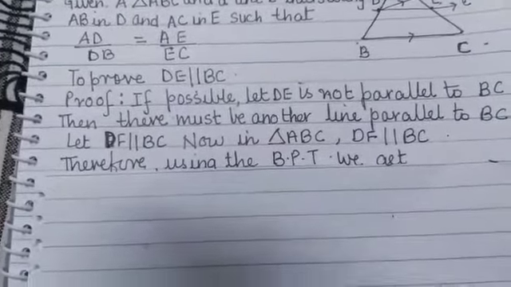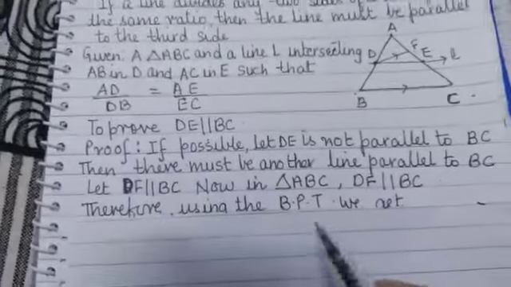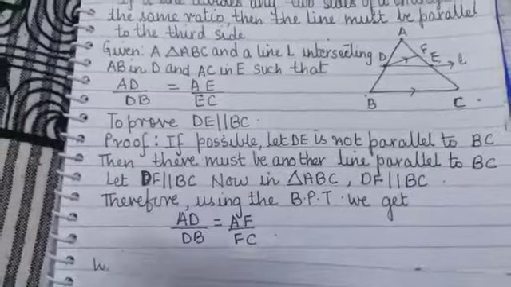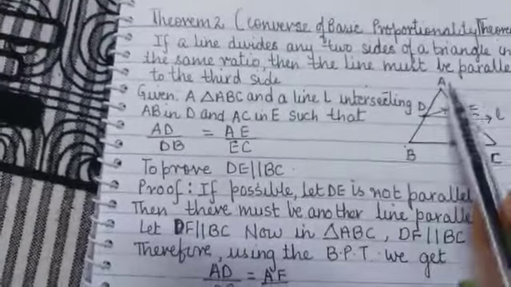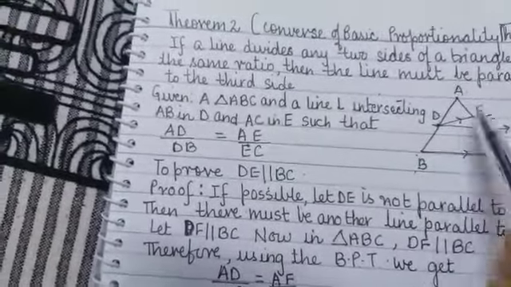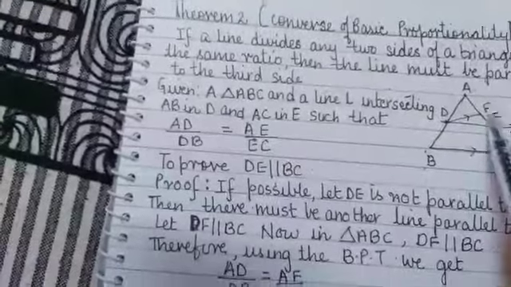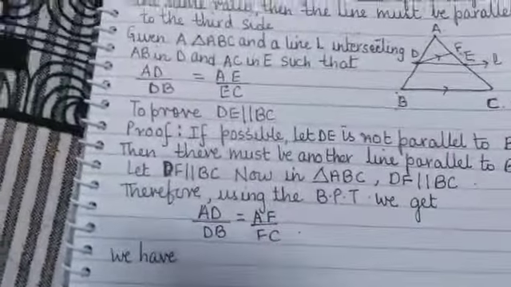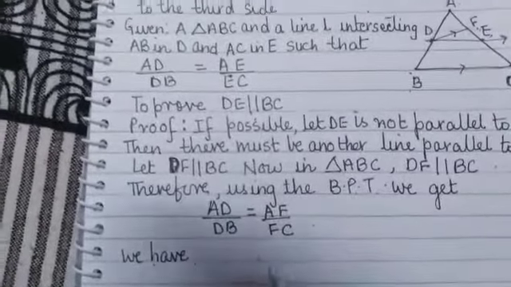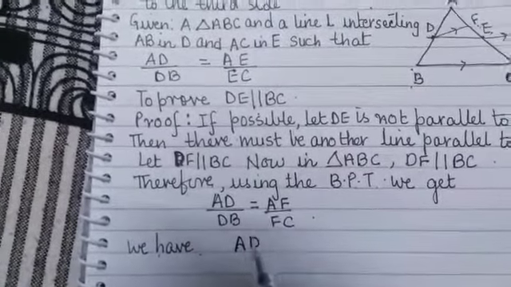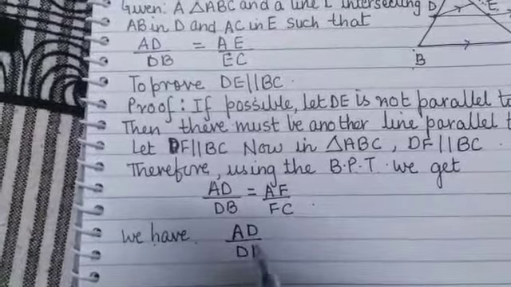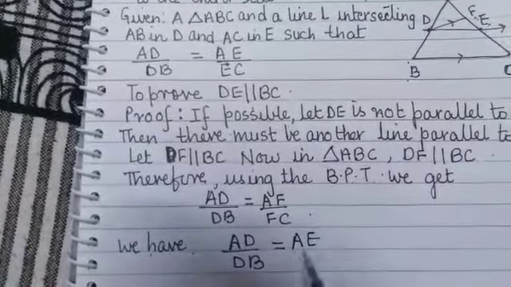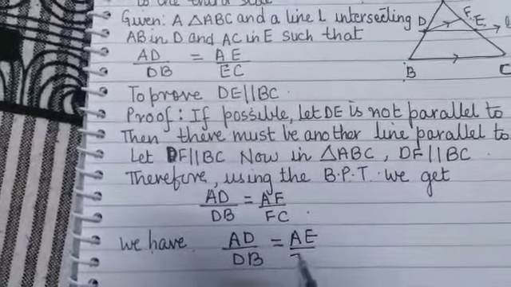Therefore, using the basic proportionality theorem, I write it as BPT, we get AD upon DB is equal to AF upon FC according to the basic proportionality theorem. Now we have AD upon DB is equal to AE upon EC.